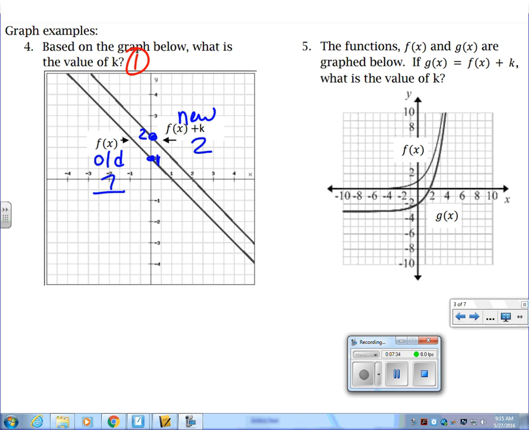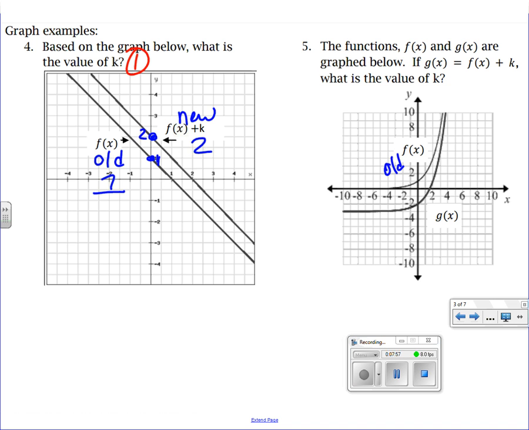Daniel, read number 5 for us. Okay, so does anyone know which one's the old one, the F or the G? F, very good. F is the old one because G is the one they added K to.